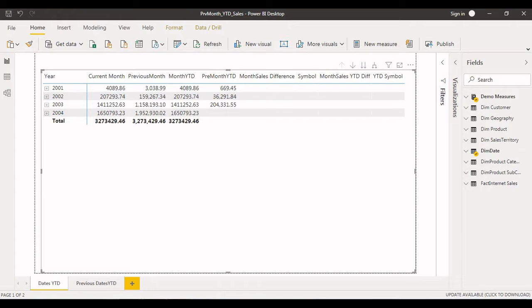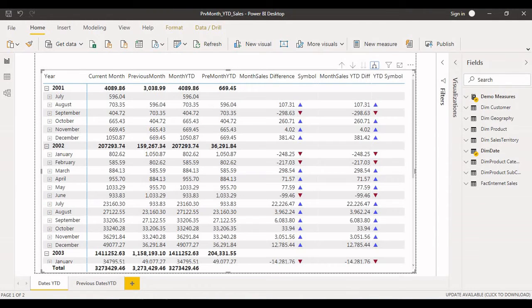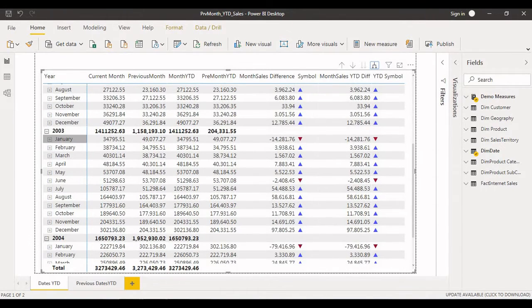First of all, this is the year level. Basically we didn't show anything here because we are calculating the difference between the previous month and the current month, so I intentionally left this blank. When you scroll down to the next level, you can see the months in 2001, the months in 2002, and the months in 2003.